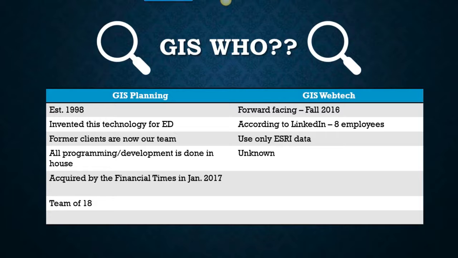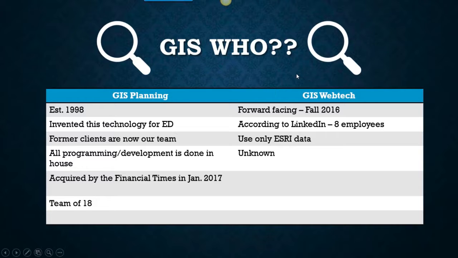They only use ESRI data, and I don't know about their programming and development being done in-house. I know 2 of their employees are sales, and one of those is the president of the company, so a team of 8 would make the development and programming tough, but I don't know either way. So that's just a little bit of the facts.